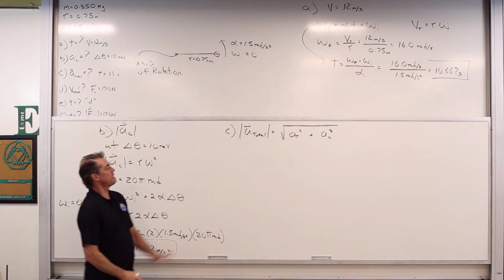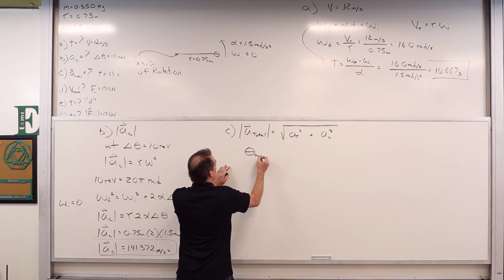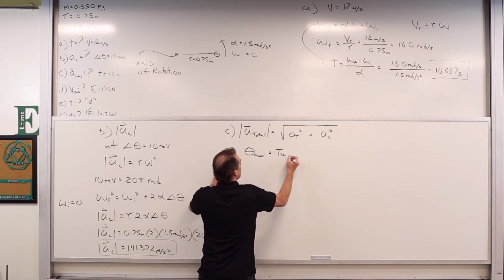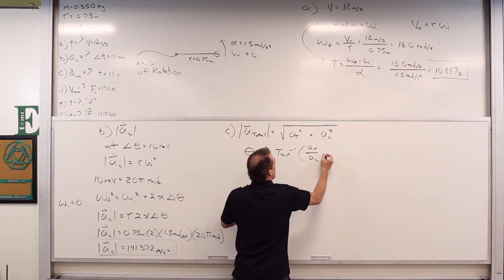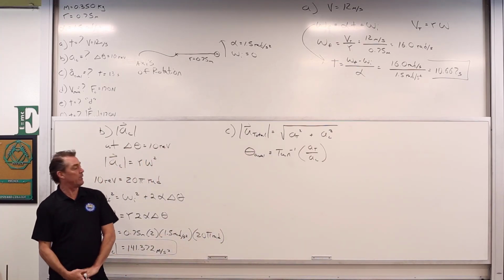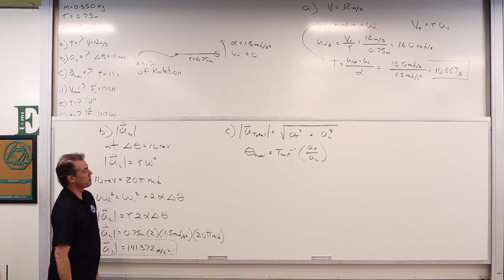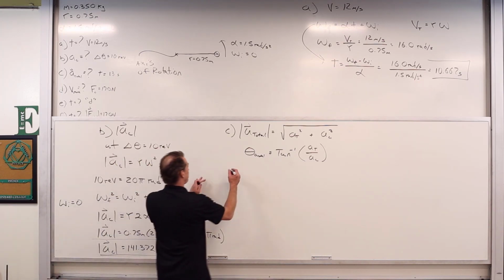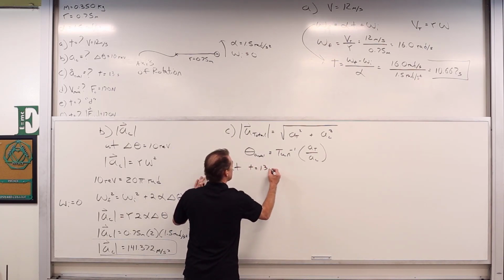And we've got the direction of that total acceleration vector gotten by the arctangent of a sub t over a sub c, with respect to the radial inward direction. So this is what we're asked for: magnitude and direction of the total acceleration vector at t equal to 13 seconds.